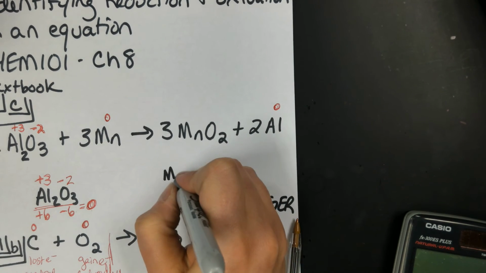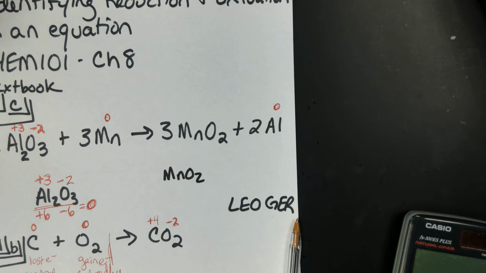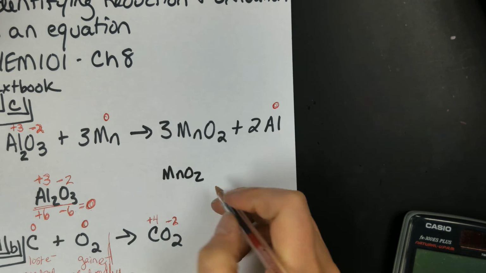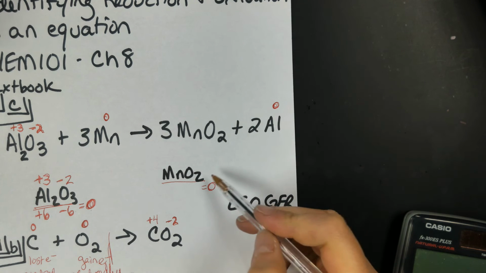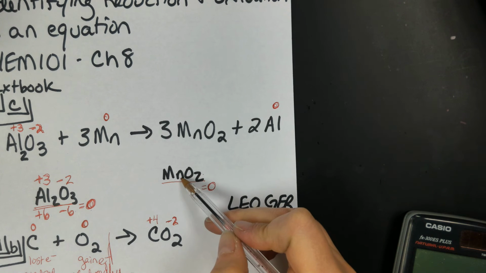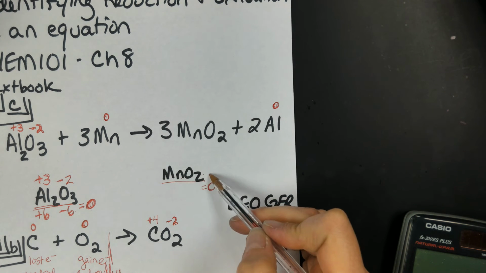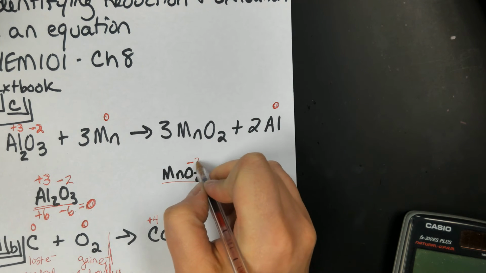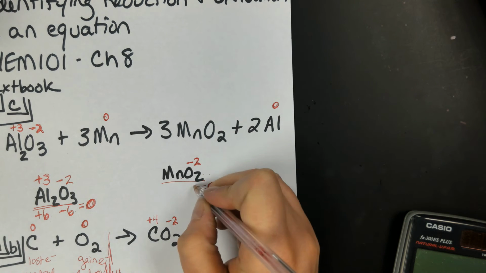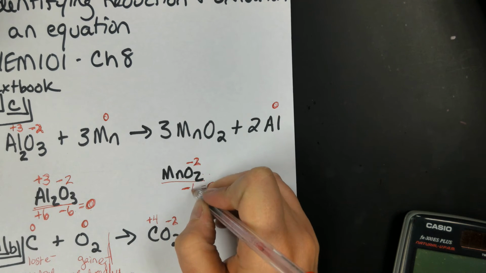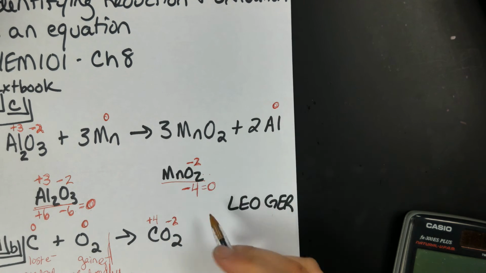So manganese oxide has to total out to 0. So oxygen I have a rule for, not manganese exactly, right? I'm going to say each oxygen is -2. Total of -4. So manganese has to bring with it what?